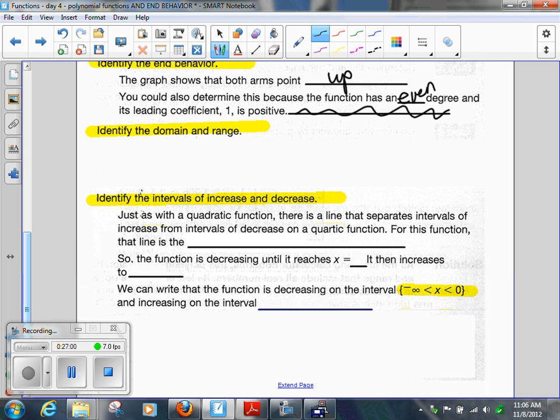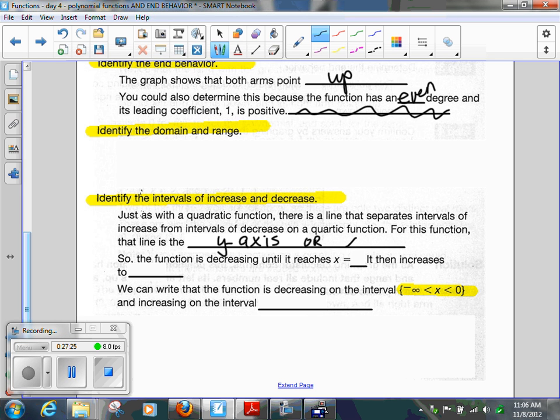Identify the intervals of increase and decrease. We've already done this. Just as with the quadratic function, there's a line that separates the intervals. For this function, that line is the y-axis. What is the equation of the line that goes through the y-axis?